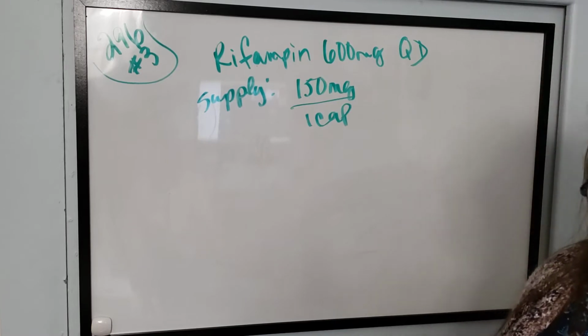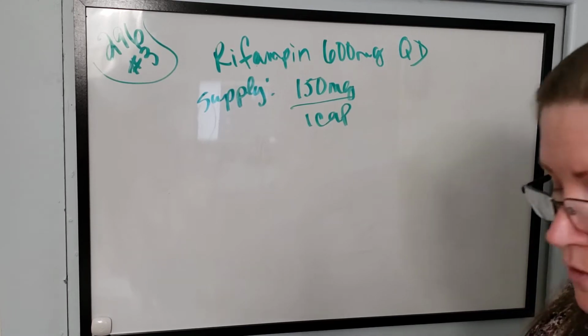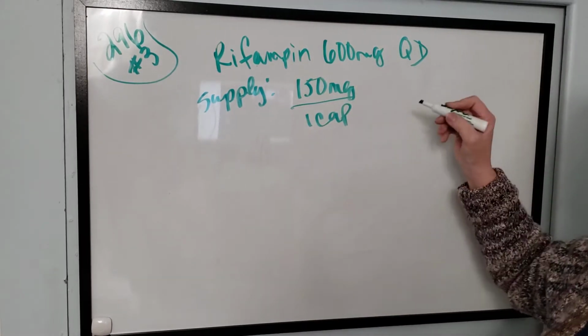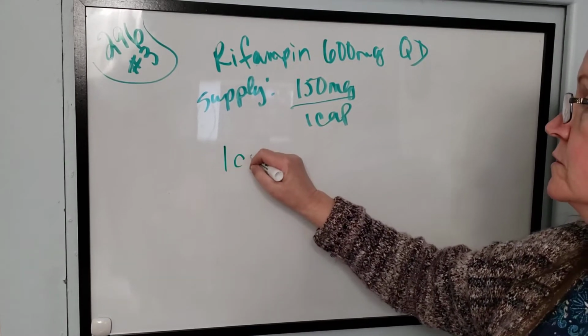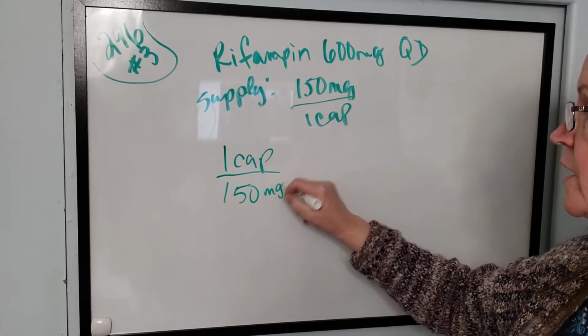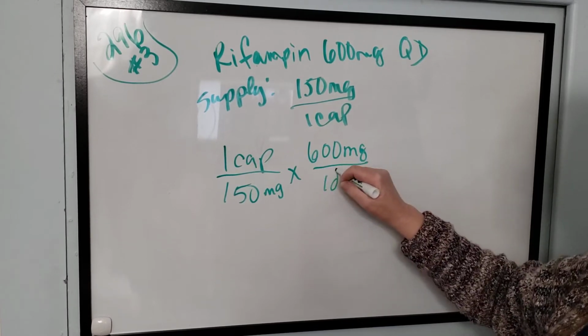And then it says how many full doses of medication are found in one 30 capsule stock bottle. Okay, well, first we need to know how many capsules they're going to need for 600 milligrams. So let's put one capsule on top is 150 milligrams, and we want 600 milligrams in one dose.